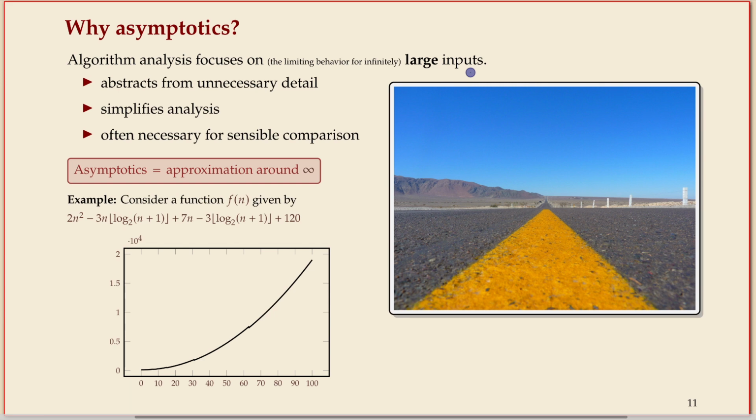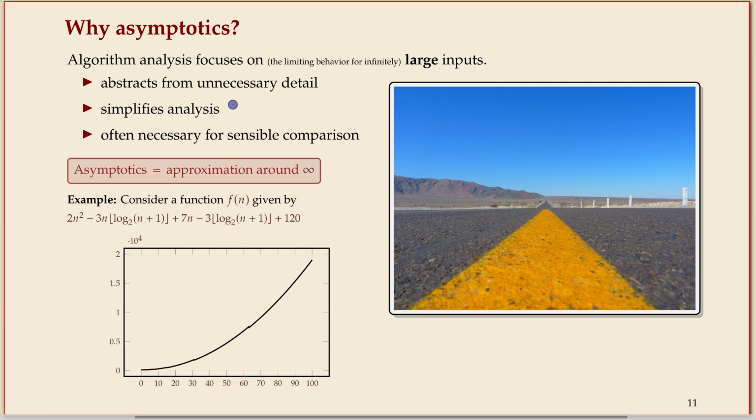And the reason for doing that is if you're just concerned about small inputs, maybe there's a way to just list all the small inputs you need, or you do extra special cases for certain specific small inputs. So by focusing on large inputs, you can abstract away from special casing a bunch of different cases.